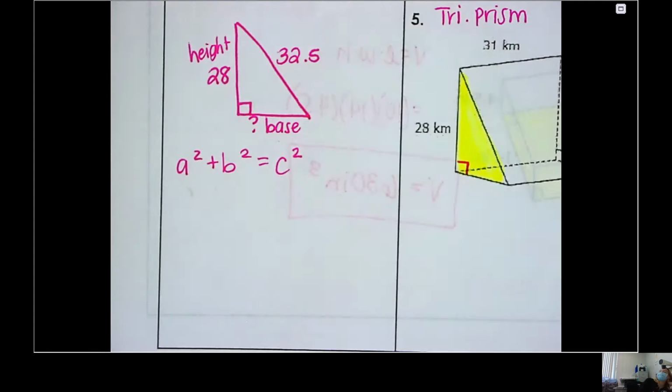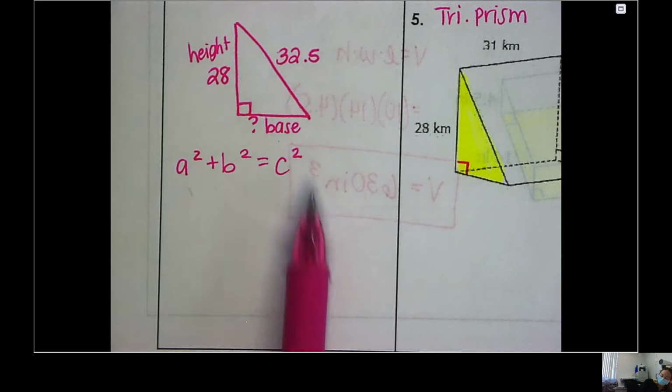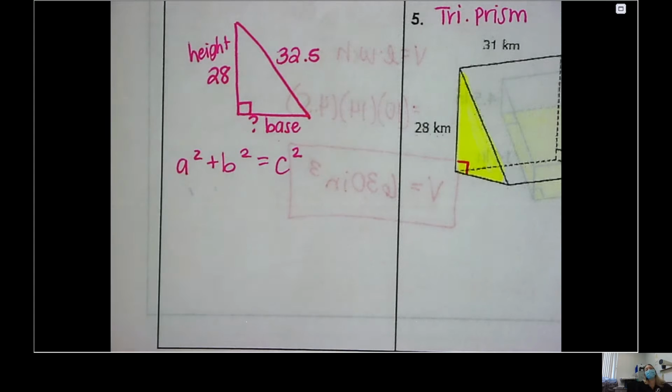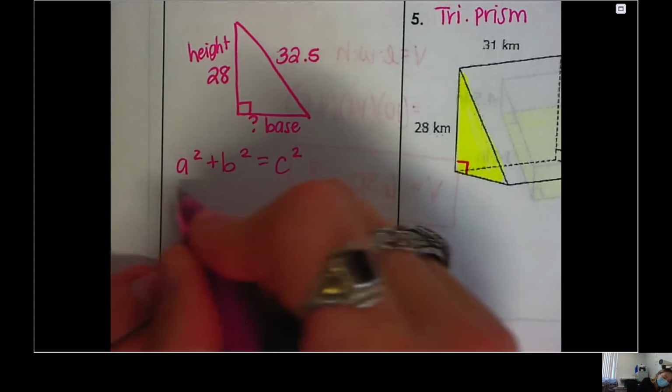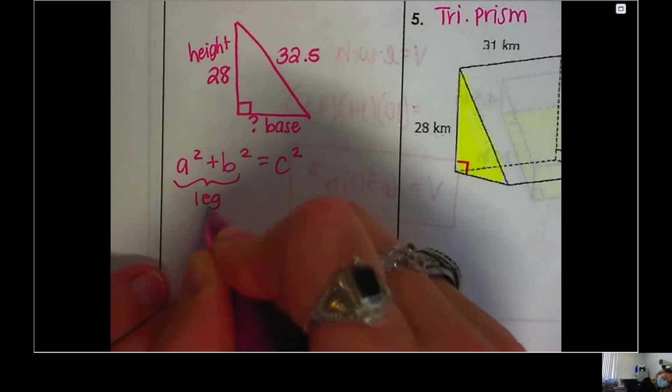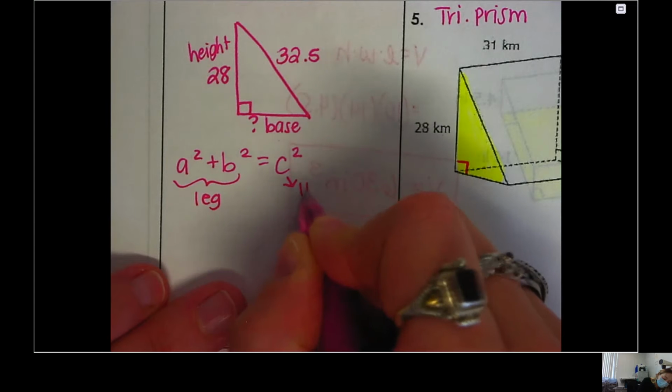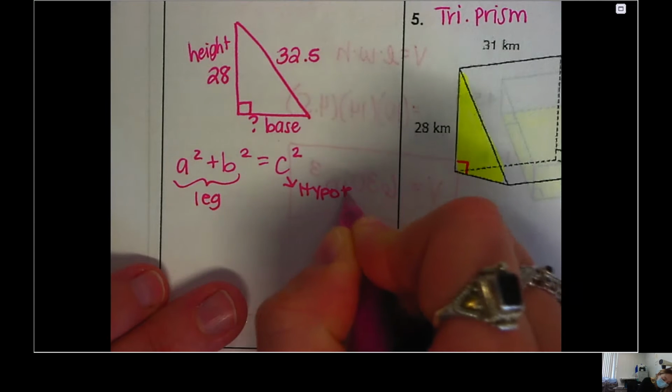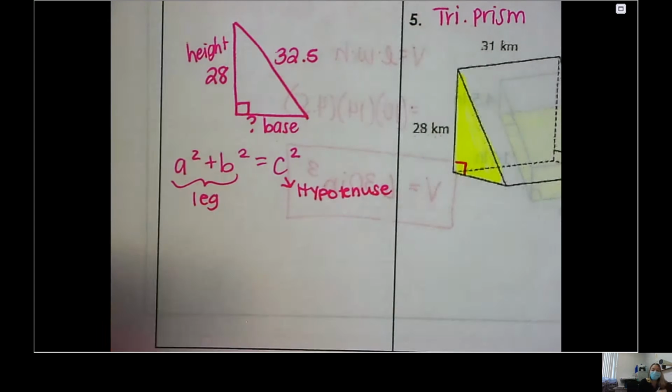This is the Pythagorean theorem, and I use it to find an unknown side length in a right triangle. Now, A and B are the legs. C is your hypotenuse. Legs. This is your hypotenuse. Okay, which number is your hypotenuse? 32.5.